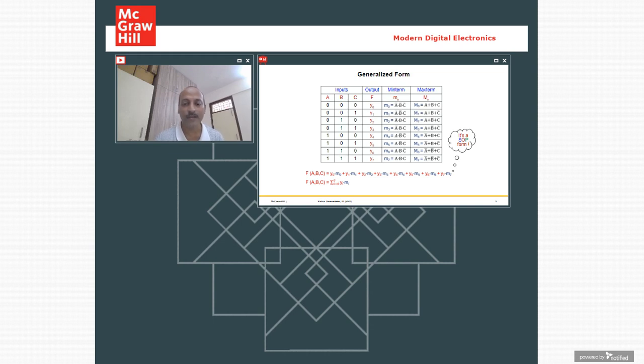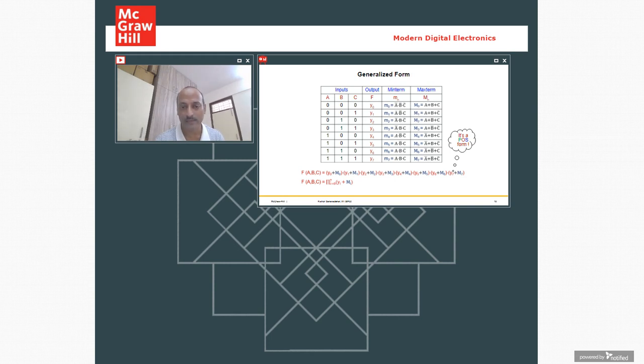Now, if I have to represent the given expression in terms of, let's say, max terms, what should be the generalized way? In max terms, our expectation is that the function of A, B, C is going to produce an output equal to 0. So what we need to do? Y0 plus M0. Max terms we have to add, and then take the product of all these sum terms, because it is a product of sum expression.